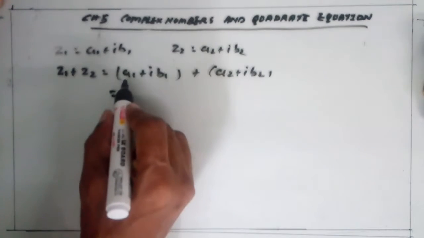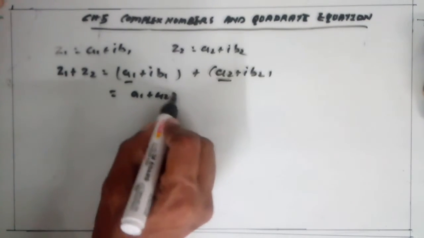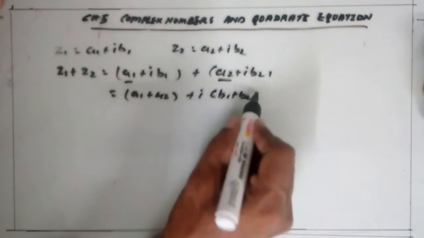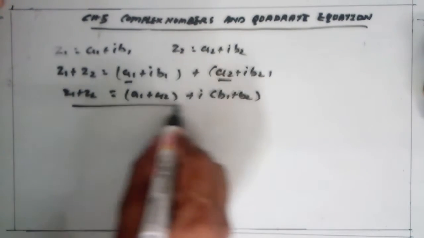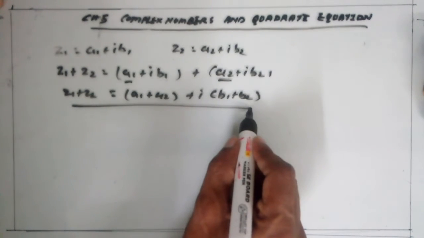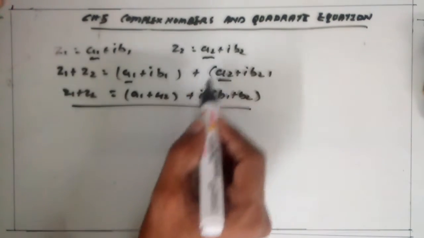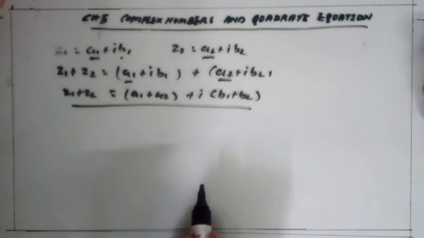So is equal to a1 plus a2 plus i times b1 plus b2. So remember this, z1 plus z2, addition of two complex numbers is addition of its real part plus i into addition of its imaginary part.